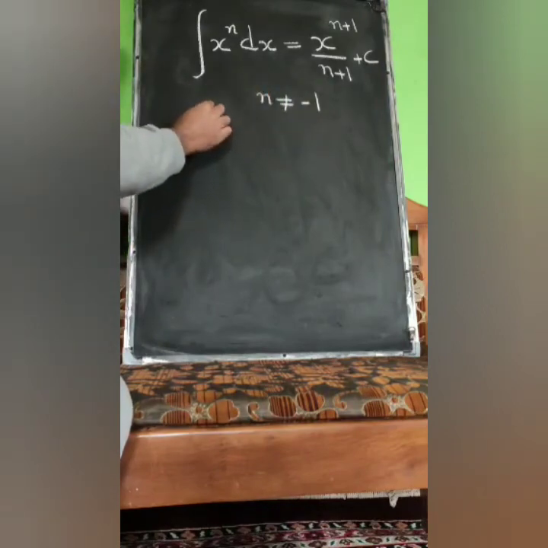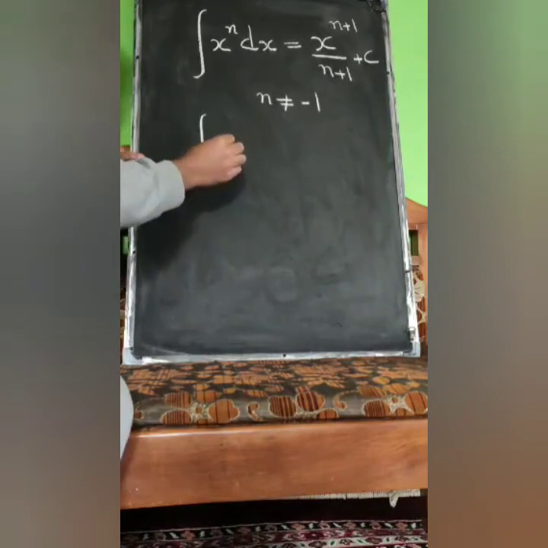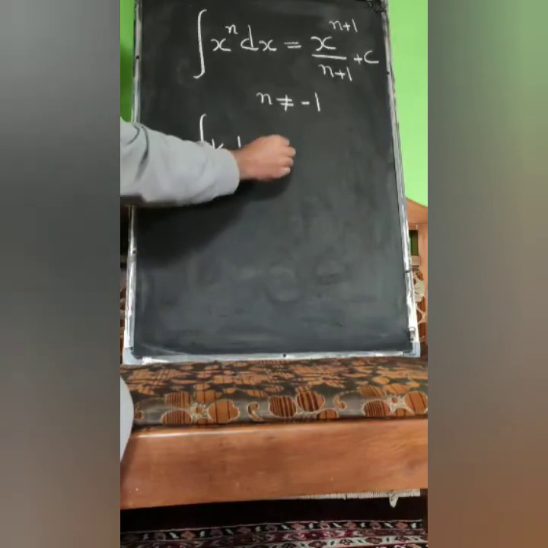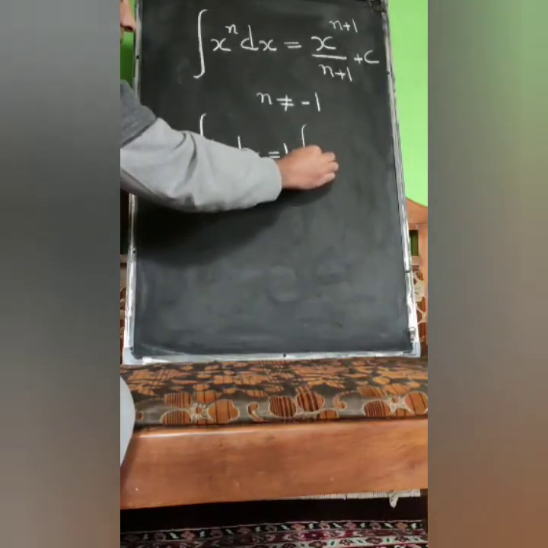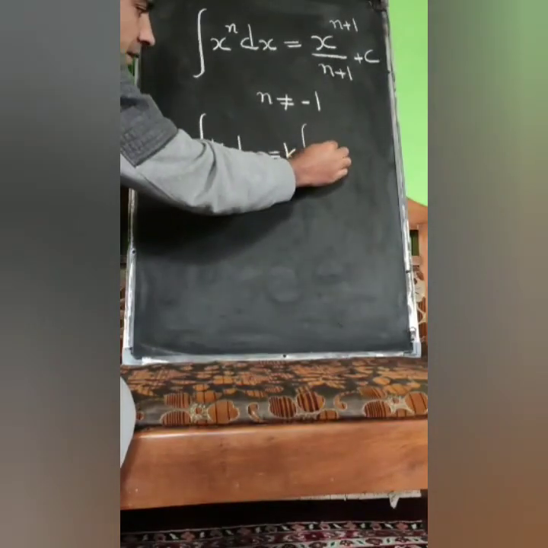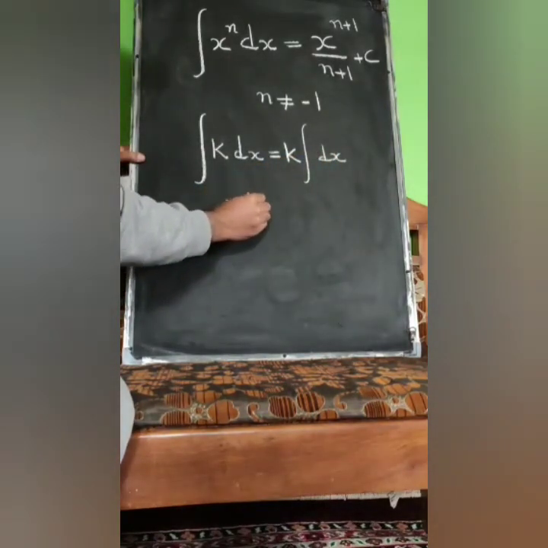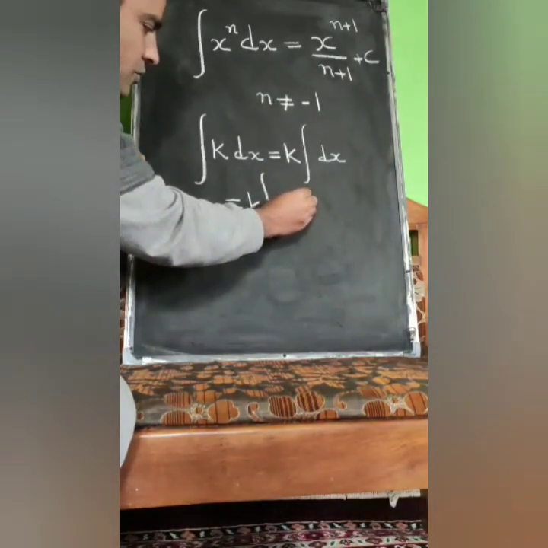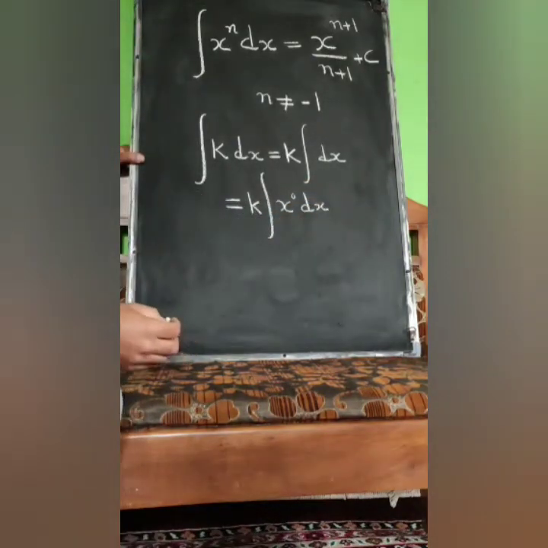Now, let us take one more result. If we want to integrate some constant k, so we can write it like this: k integral of dx or k integral of x raised power 0 dx, where x is not equal to 0.